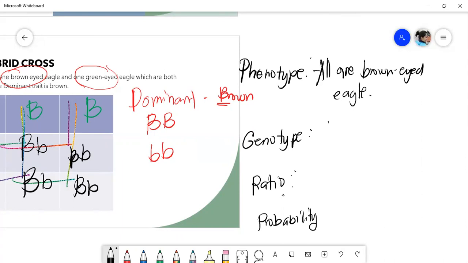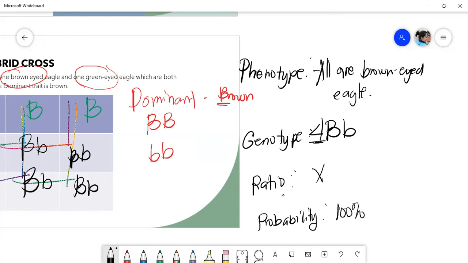Okay, so your genotype would be, you write the genetic makeup, or the alleles, and then you write how many. So 4 capital B, small letter b. So your ratio, since that is 4 already, it's equivalent to 1 whole, then therefore you need not include the ratio.